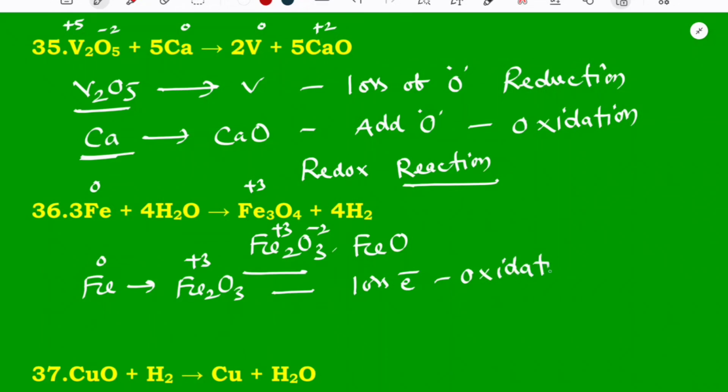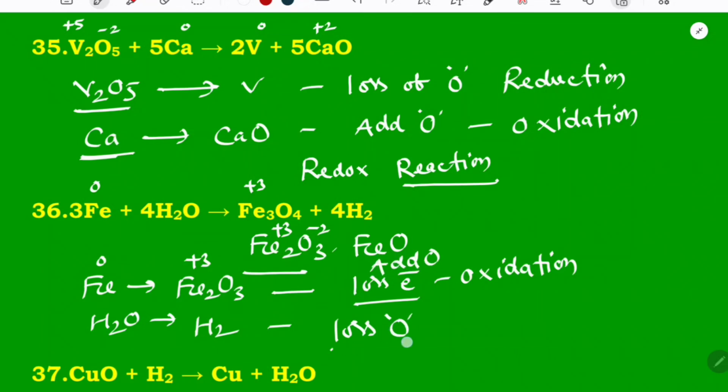Or otherwise you can explain: iron is oxidized because it is reacting with oxygen. This is an oxidation reaction. Actually I'm saying explain with electrons. Then H2O is converting to H2. Here loss of oxygen takes place, while for iron addition of oxygen takes place.